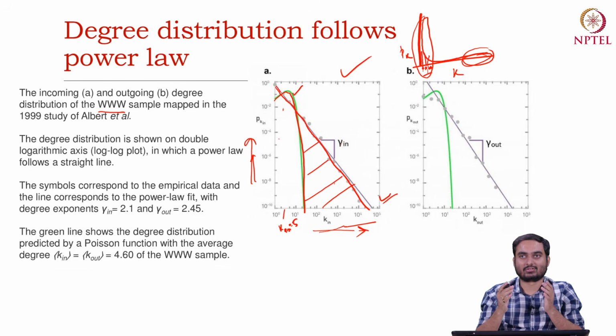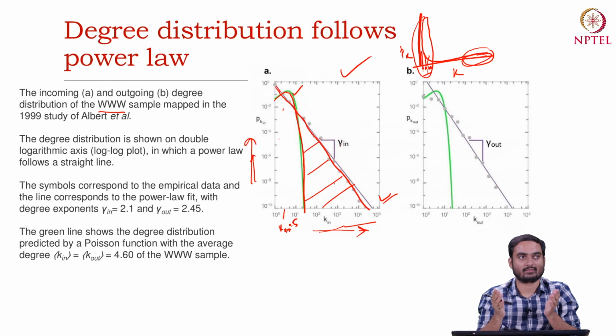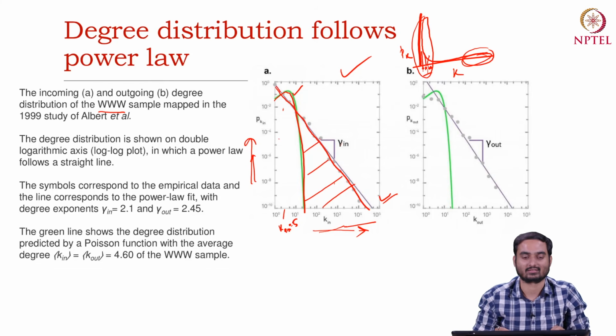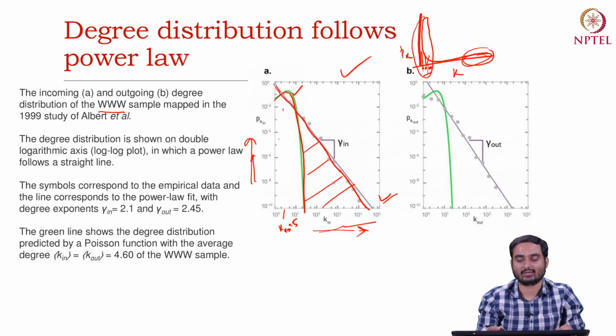You can also relate it to a social network. There are very few users who have a lot of followers. There are very few celebrities on a social network, but there are a lot of users who are normal users like us, who do not have many followers, who are not considered celebrities, and so on and so forth.